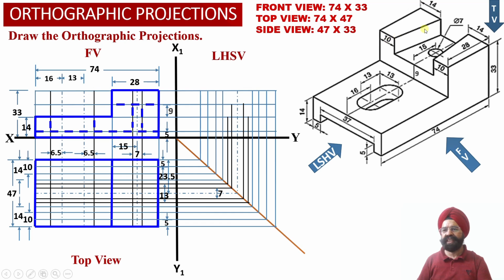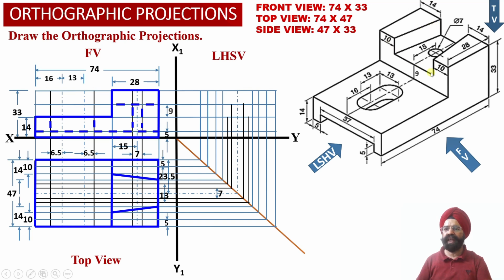Then we have got this inclined surface and this inclined surface. We can check. This is 10 millimeter. This is 14 millimeter. So these two edges now we can join. One inclined surface is available toward the rear side of the solid. One inclined surface is available toward the front side of the solid.